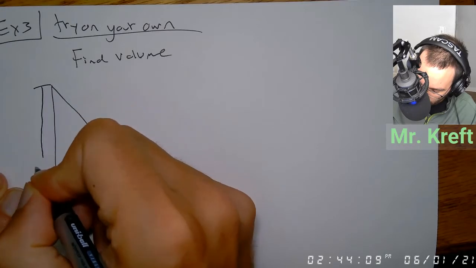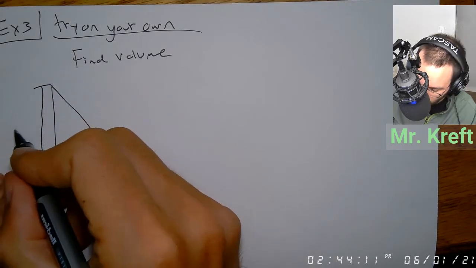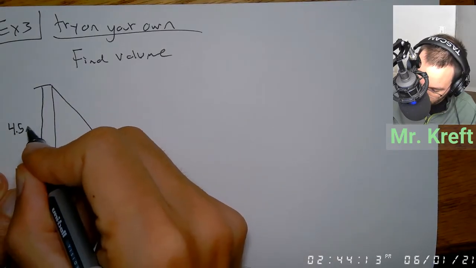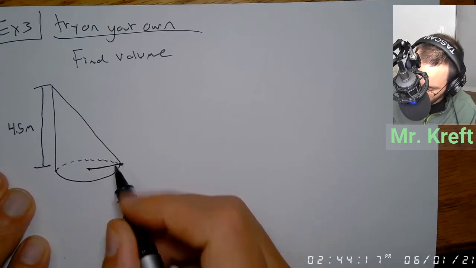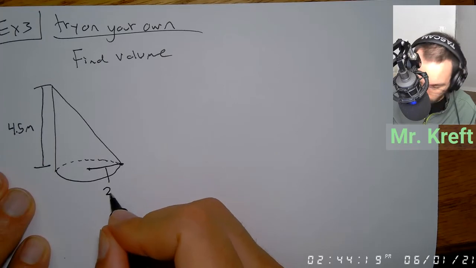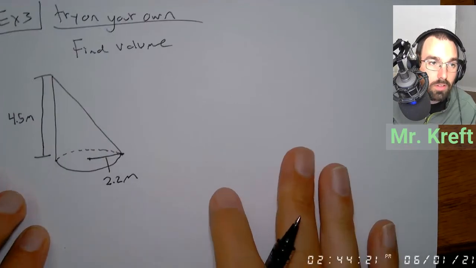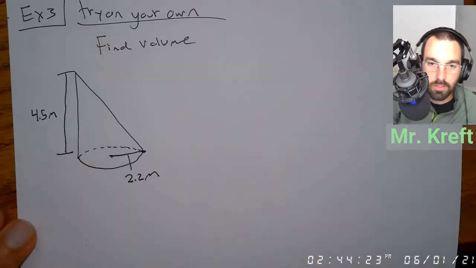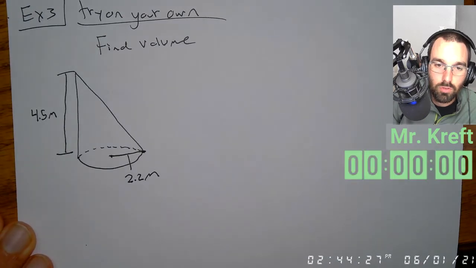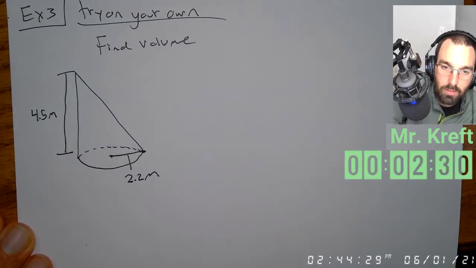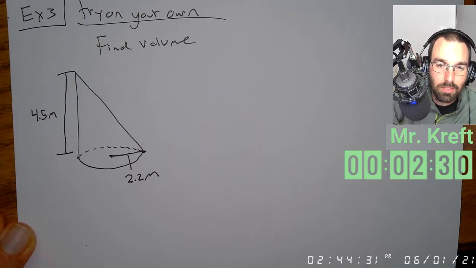Let's do a height of 4.5 meters and a radius of 2.2 meters. Okay, so I'm going to give you guys a little timer for this. I think 2 minutes and 30 seconds will be ample amount of time.